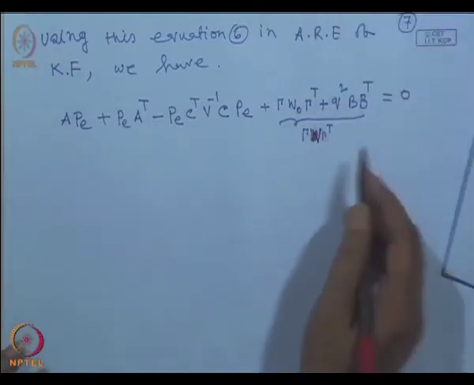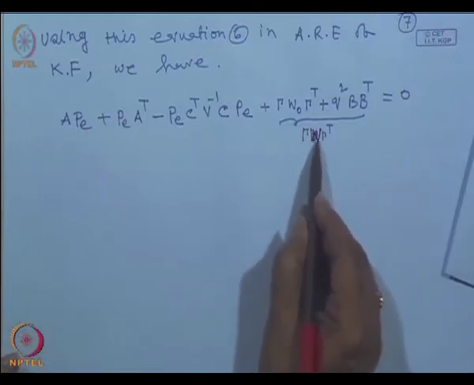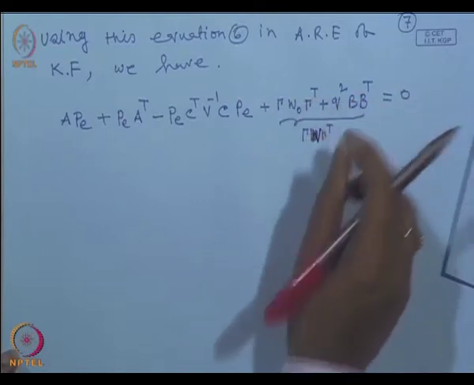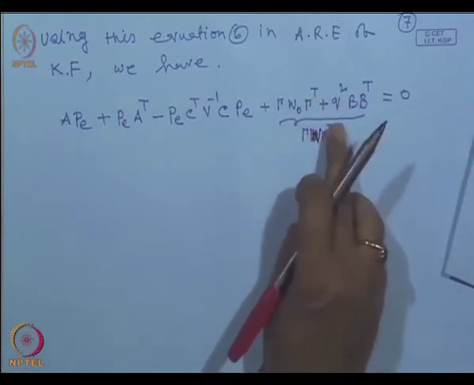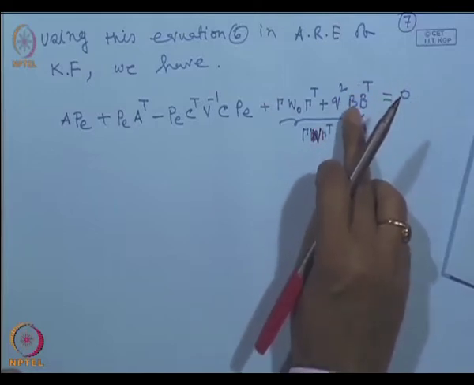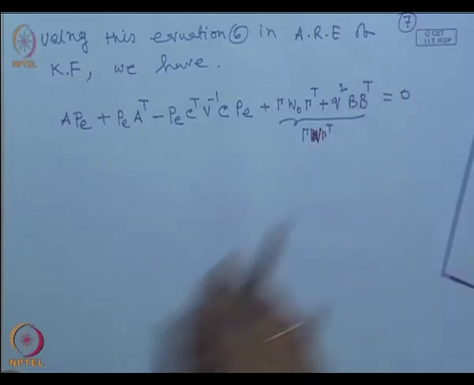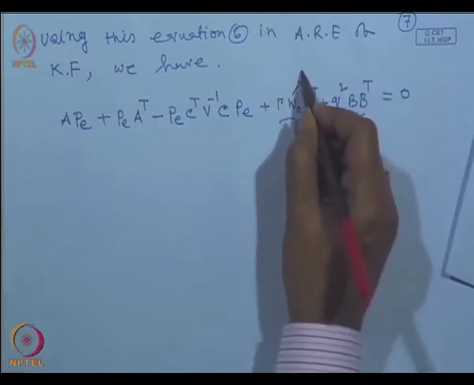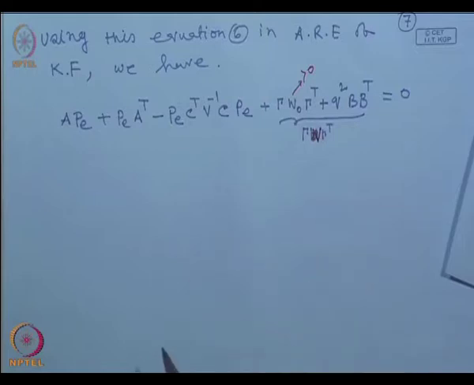So, this gamma W term is now replaced by two parts. One is the initial guess and another is the q term, which is a positive semi definite matrix. And W is greater than 0, meaning a positive definite matrix.